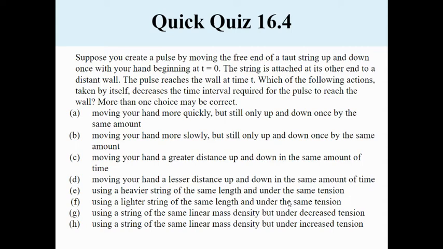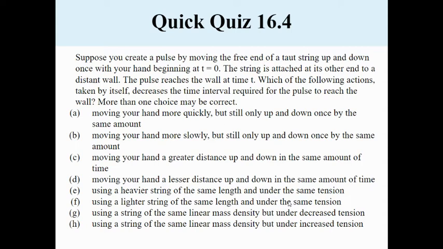So if you shake your hand more quickly in A, that increases the frequency of the waves, of the pulses. If you do what B says to move your hand more slowly, you decrease the frequency. But in either case, the speed's the same because to compensate in part A, the wavelength is shorter, and in part B, the wavelength is longer to compensate for the frequency being slower.